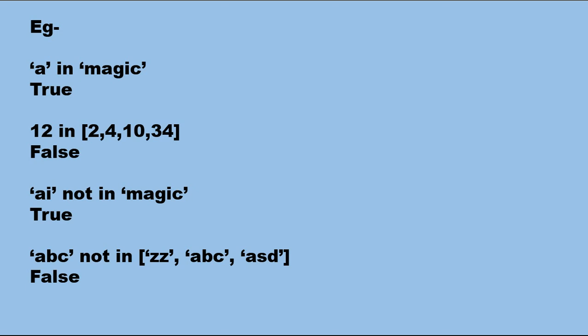Since AI is not existing in magic, it is going to return true. In the same way, ABC not in the given list. ABC is existing in the given list, therefore it is going to return false.